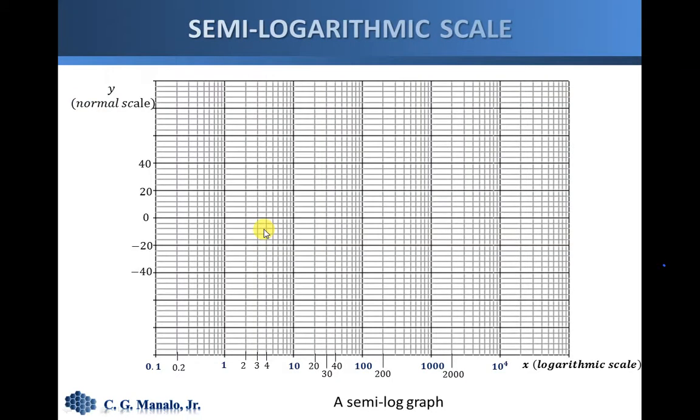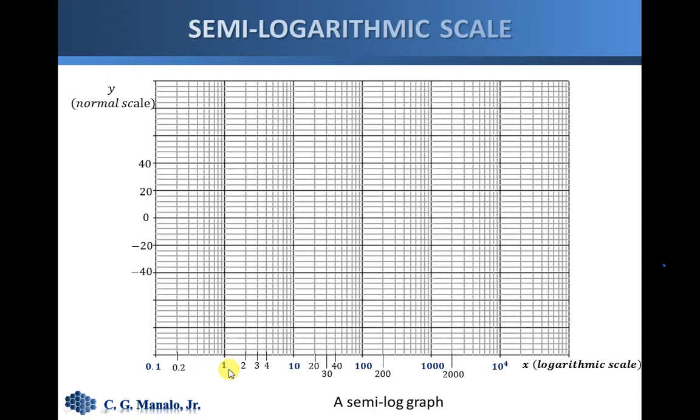Okay, so how do we go about the changes in our plots? First, let's define what we mean by semi-logarithmic scale. In this scale, the horizontal scale is not shown as a normal scale. As you can see here, the major divisions are shown as powers of 10.